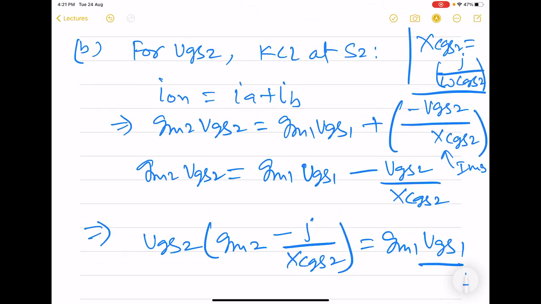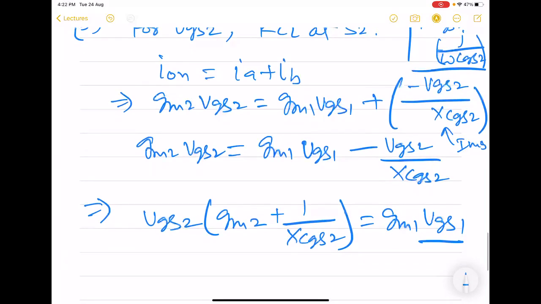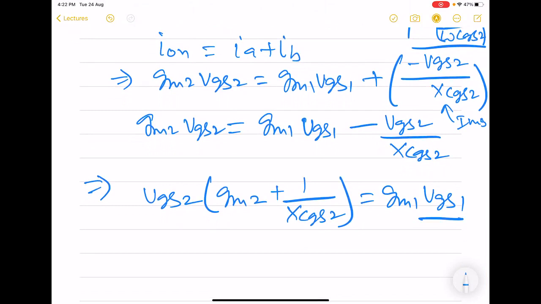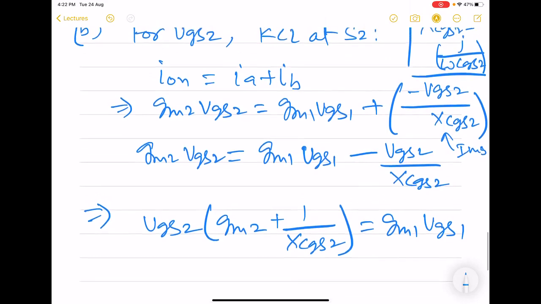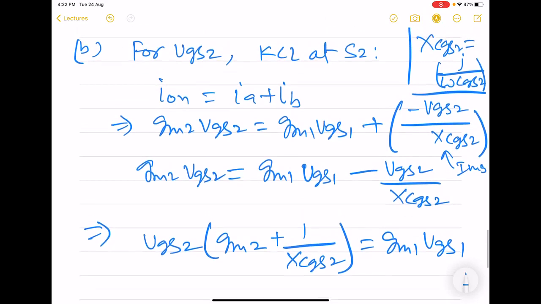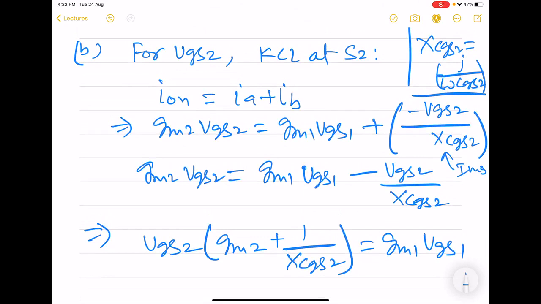So this becomes minus, and this becomes plus. Now it is okay because the j part is inside X. So this will prevent all these confusions. So we have absorbed the j part into X, and we are now using this designation for the reactance.